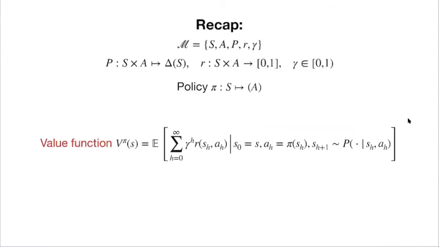And so we talked about the value function. These are the quantities that we use to reason about the future. The value function captures the long-term total outcome.